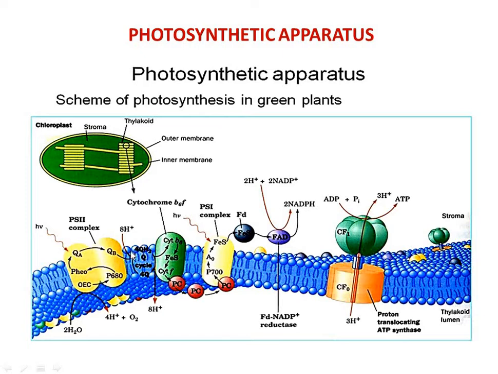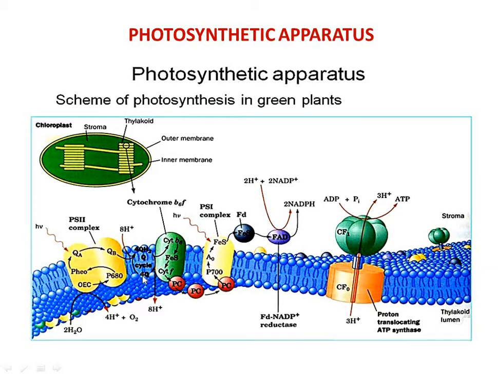The electron carriers present in the thylakoid membrane undergo reduction and oxidation, that is the redox potential. Whenever the electrons are accepted by the quinone, it absorbs the protons present in the stroma region, and then the reduction takes place.